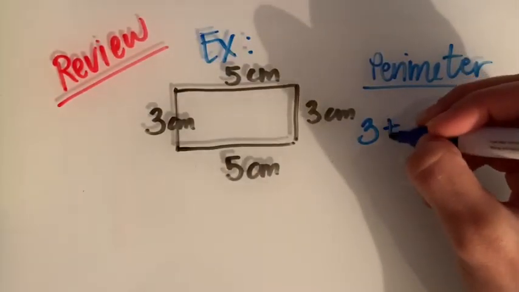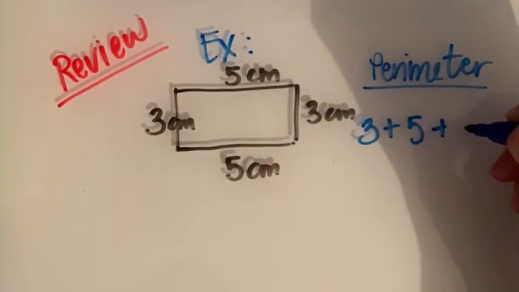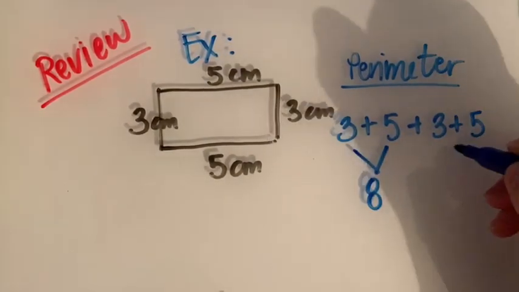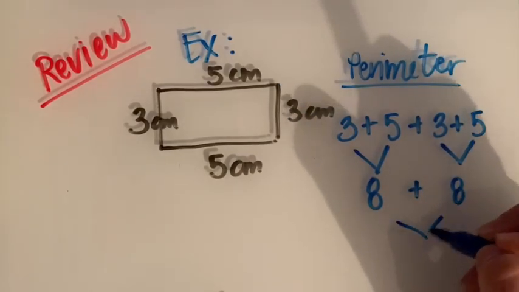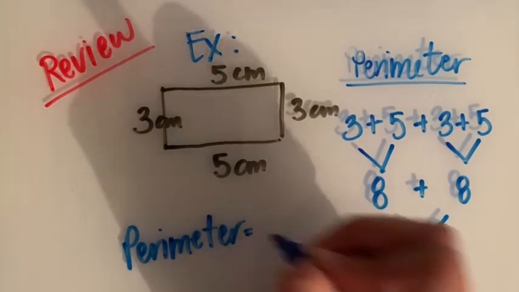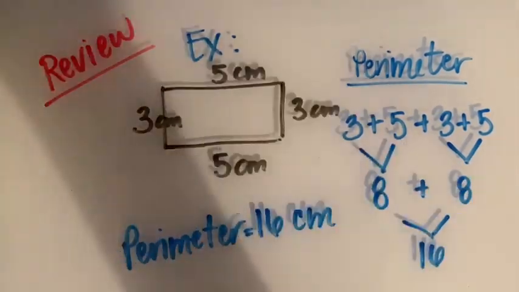We add 5 to that, then plus 3 again, plus 5 again, because we are adding each side to find the perimeter. 3 plus 5 is 8, and 3 plus 5 is 8. 8 plus 8 is 16, and we see that our perimeter is 16 centimeters.